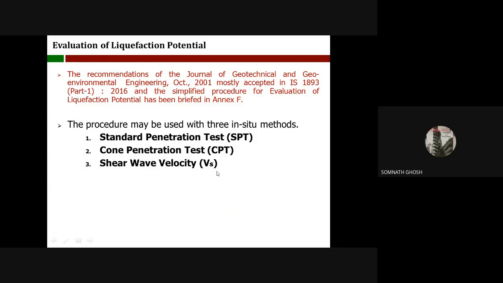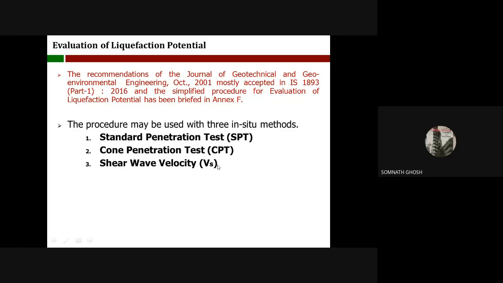That means in one method they considered only the SPT value and assessed the liquefaction potential. Another method is given where they considered the CPT value. And another method available in IS 1893 is the shear velocity method, right? So if you have the SPT value, or CPT, or one of these, you can assess it. Or if you have all three, you can assess the liquefaction potential separately and take the worst effect.